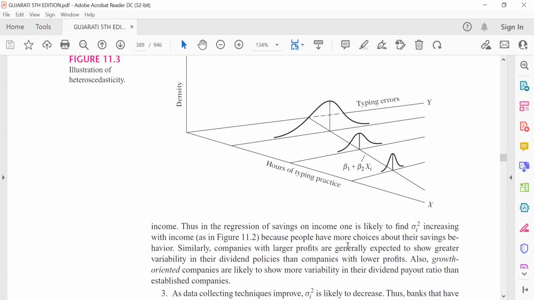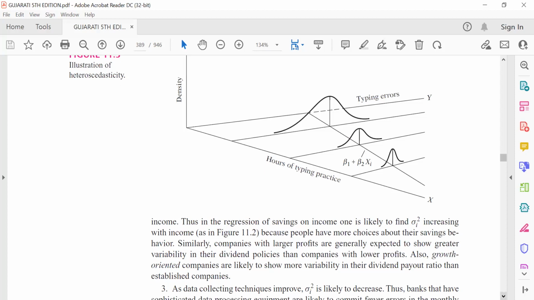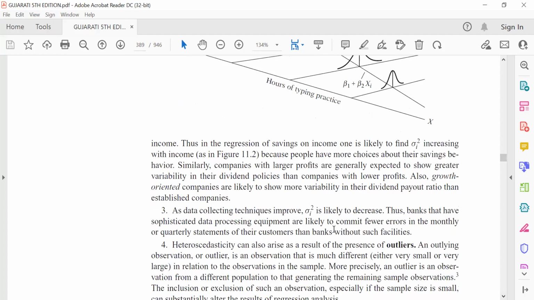But if we have a small house, there is no need to pay a big electricity bill. And then we have the data collection method. For example, if you are collecting data for your thesis, on the first day you have some difficulty getting samples.